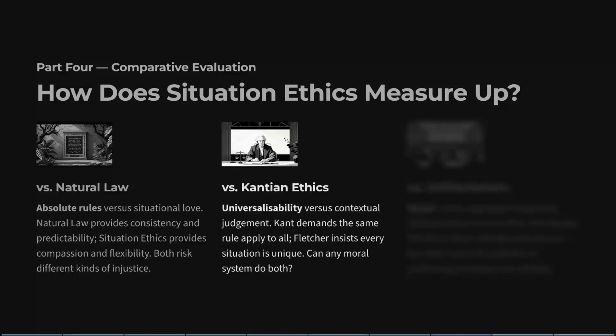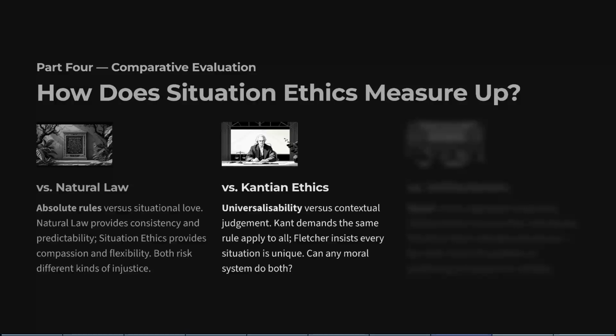And then we pit situation ethics against Kantian ethics. Immanuel Kant demands universalizability. The same rule must apply in every case to every person, without exception. This gives ethics rigor and consistency, but it can produce outcomes that ignore the moral weight of particular circumstances.